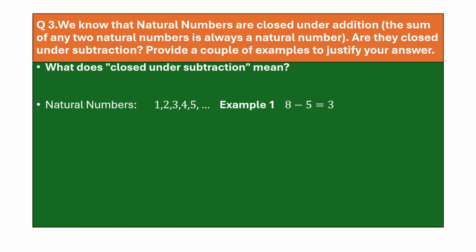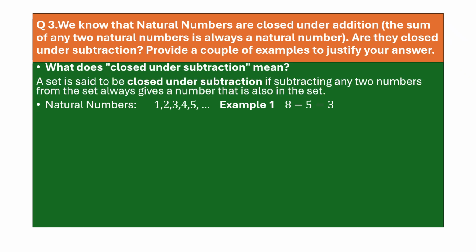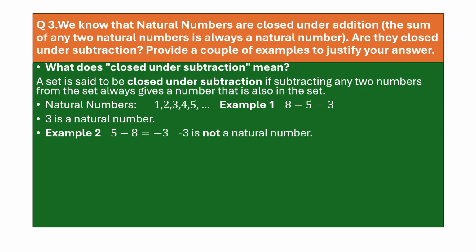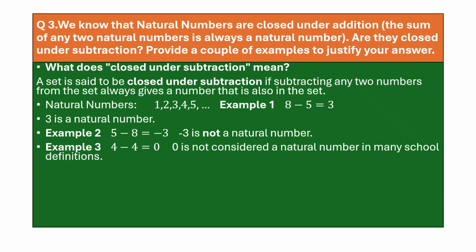But what exactly does closed under subtraction mean? A set is said to be closed under subtraction if subtracting any 2 numbers from the set always gives a number that is also in the set. So if we take 8 minus 5, we get 3. So 3 is a natural number. Now if you take 5 minus 8, it is minus 3. It is not a natural number. So 4 minus 4 is 0. 0 is not considered a natural number in many definitions.